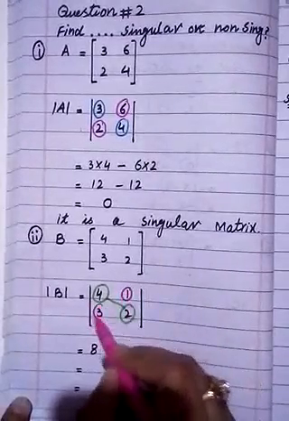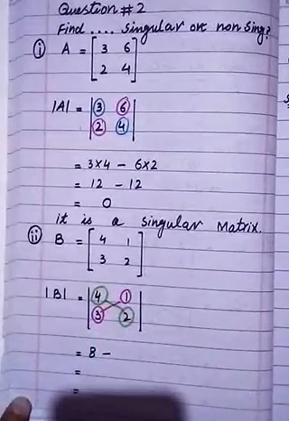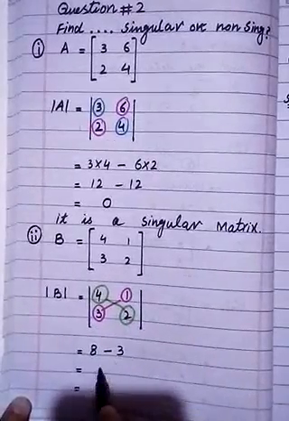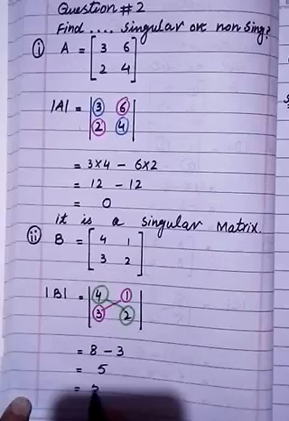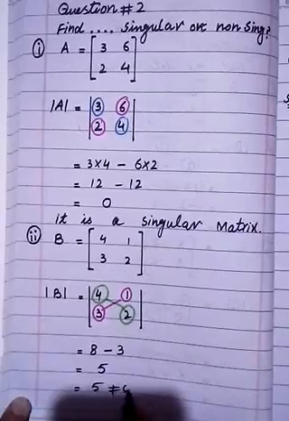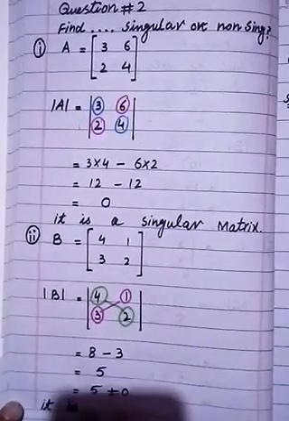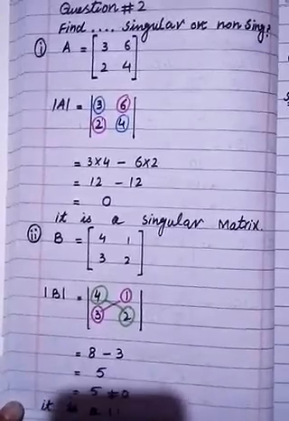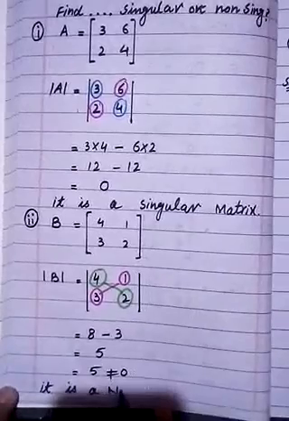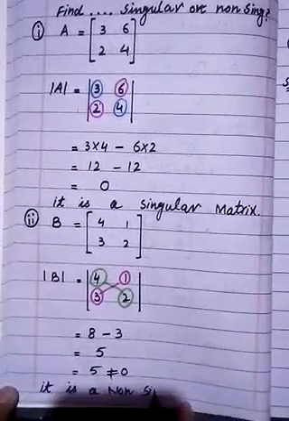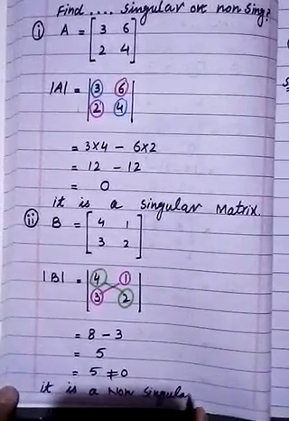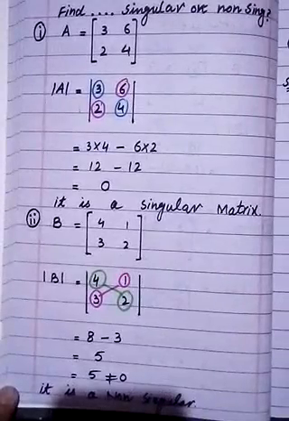Second entry multiplied by third entry: 3 times 1 is 3. Now, 8 minus 3 equals 5. And 5 does not equal 0. So, it is a non-singular matrix.